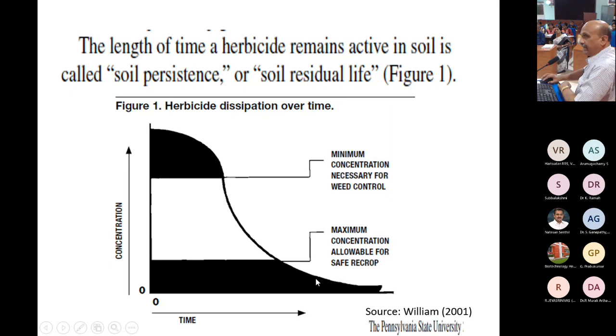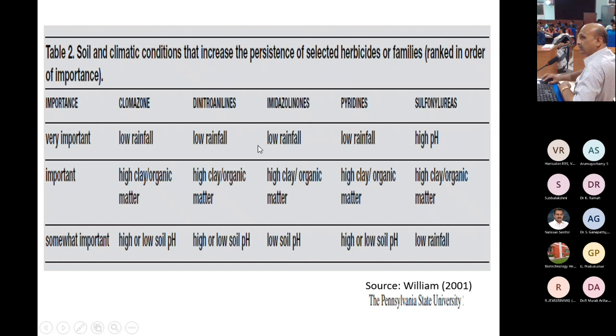The residual toxicity is very much dependent on soil and climatic conditions, mainly the rainfall pattern. If the rainfall is low, herbicides like clomazone, dinitroanilines, imidazolinones, and pyridines have residual toxicity in soil. They remain in soil for a longer period.